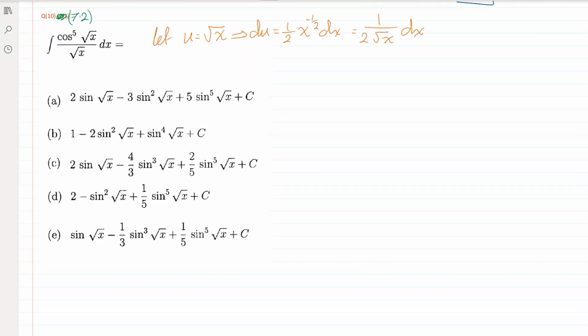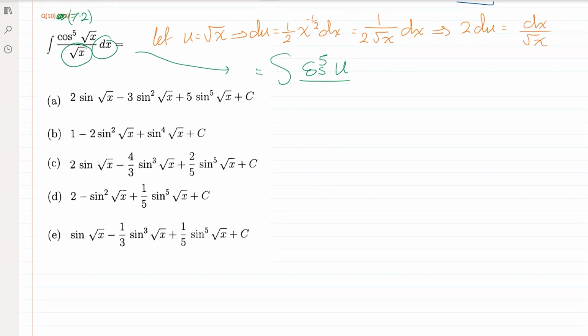Okay, now the question becomes the following. The integral of cosine power 5 of u over root x dx is 2 du. So from here, if you take the 2 to the other side with du, you find that 2 du will be dx over root x.